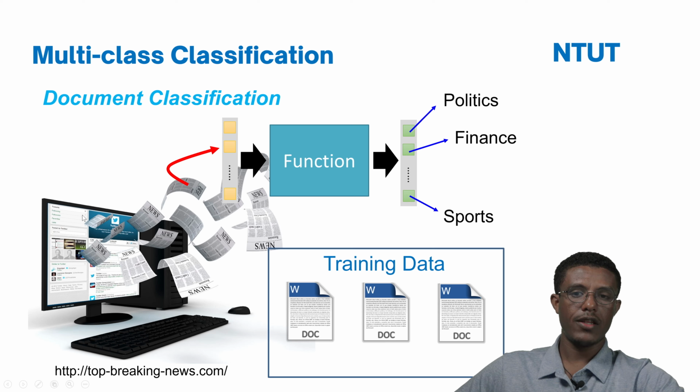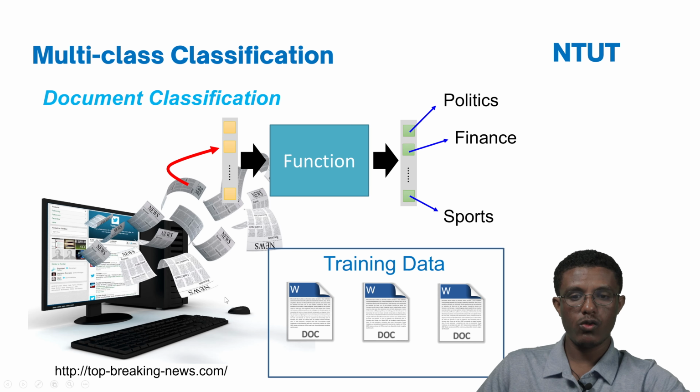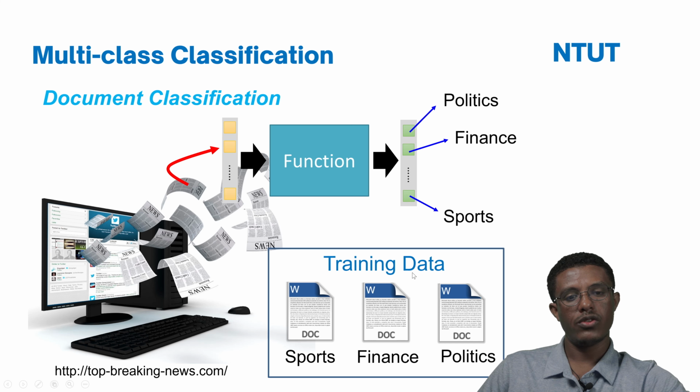So the training data is different documents, and this data can be classified into multiple classes. Once the model is trained, we can get a classification for politics, finance, and sport. So this one is sport data, finance news, and politics news.